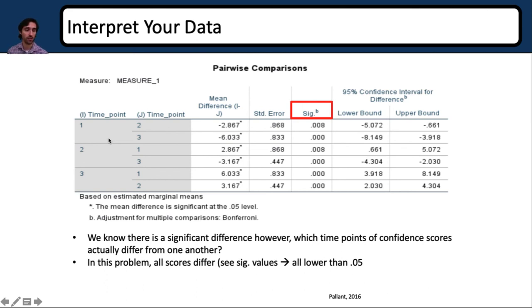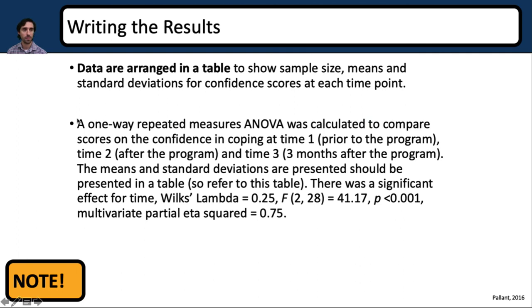Between time 1 and time 2, there was significance. Between time 1 and time 3, there was significance. Between time 2 and time 3, there was also significance. And here are all of the different avenues. And again, some of these are the same. It's just showing you based on which independent variable you're choosing first.